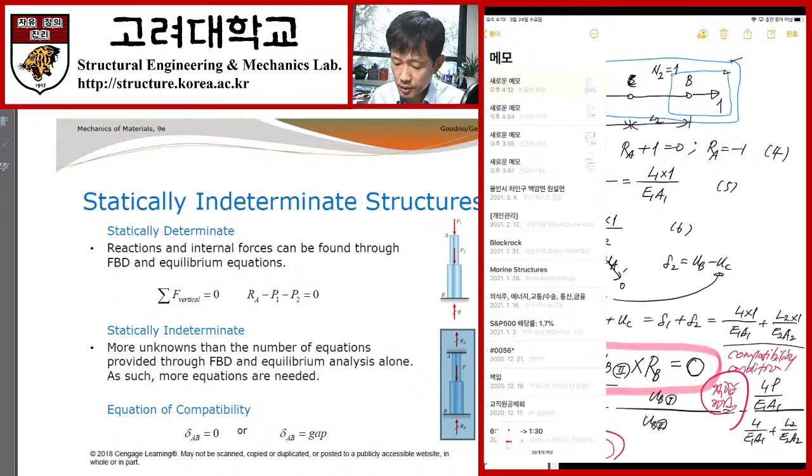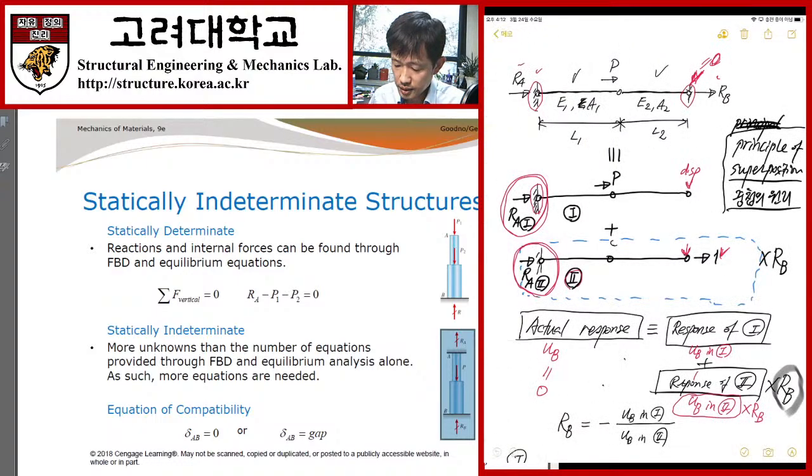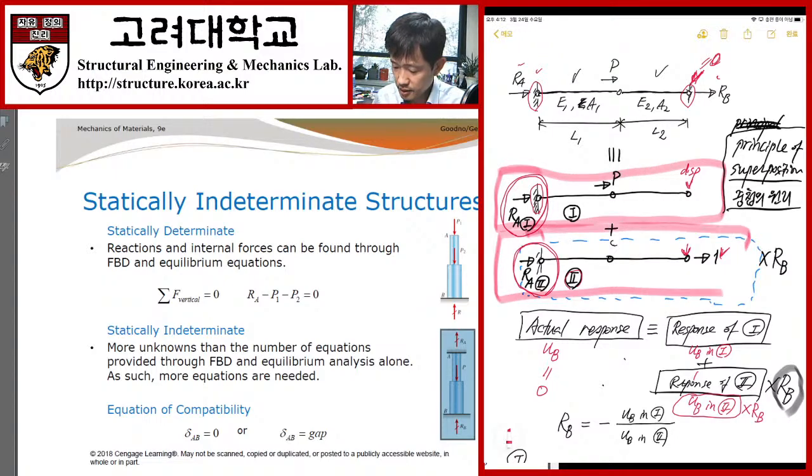In this approach, it is very important to understand the principle of superposition. We decompose the original structural system into the sum of structural responses of more than one structural system. So in these problems, we want to consider two different kinds of substructural systems.